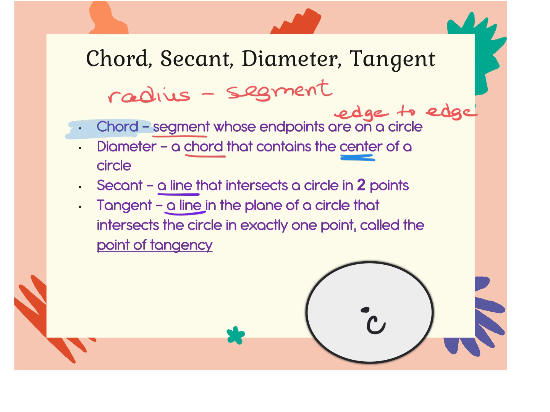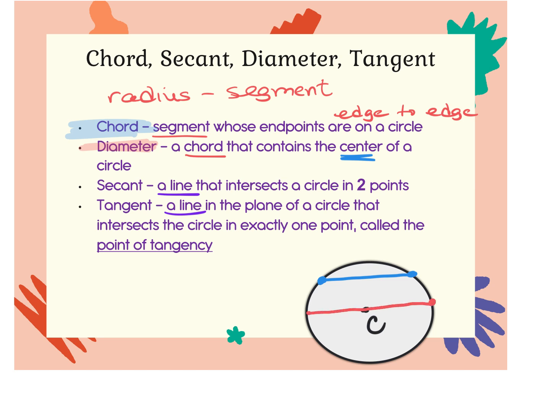The chord is a segment that goes from edge to edge. And you can draw chords all over the place, but it just goes from one side of the circle to the other. Now, when that chord goes through the center of the circle, then that chord turns into a diameter.